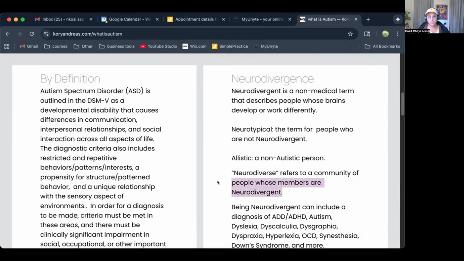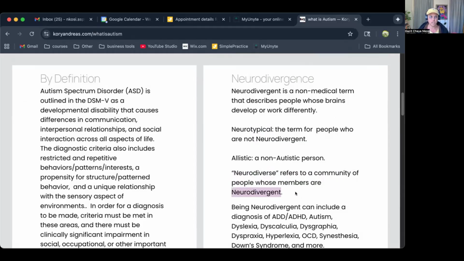And I could be wrong, but for me, it also includes people who are not neurodivergent. So we have neurodiversity, or our world is neurodiverse, but neurodivergent is specific to a person.